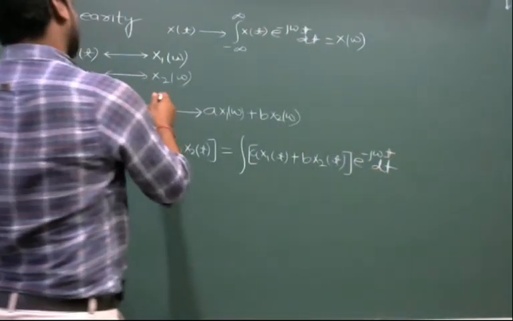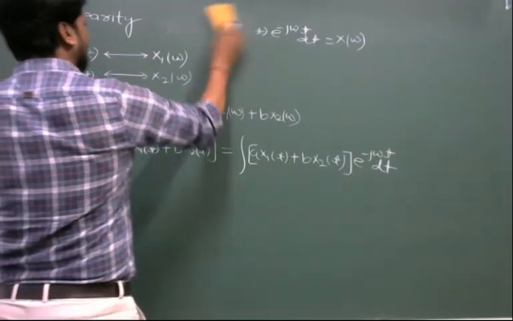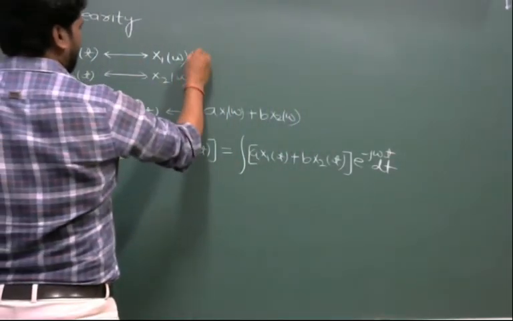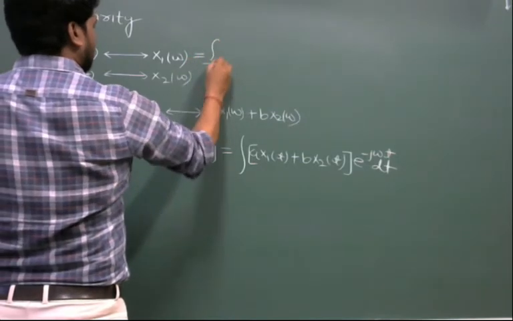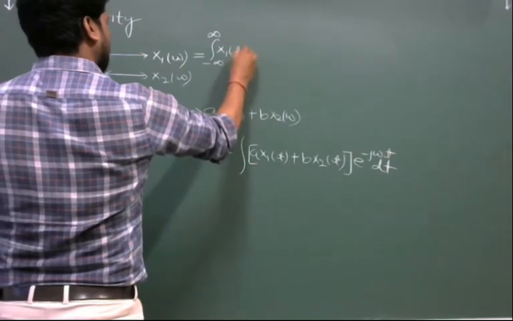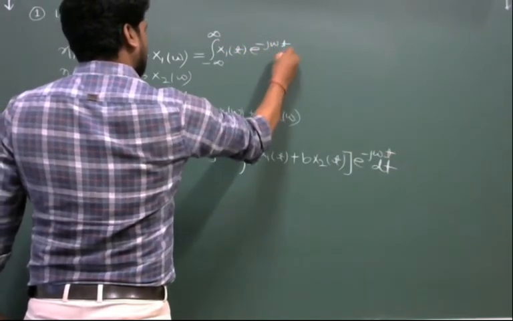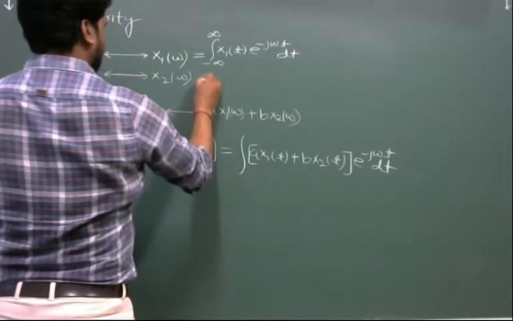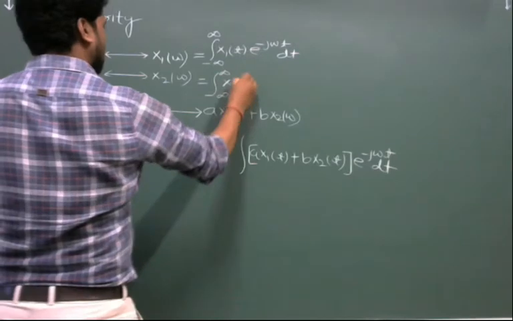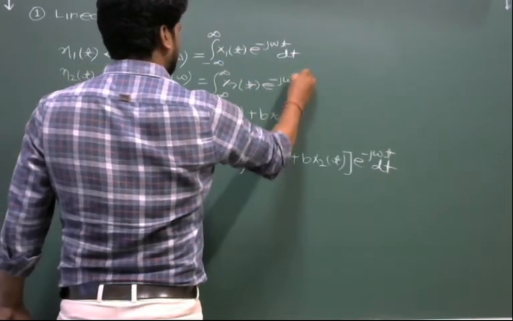If this signal X1(omega) is the Fourier transform of x1(t), then this X1(omega) can be written as integration from minus infinity to plus infinity x1(t) e power minus j omega t dt, and this X2(omega) can be written as x2(t) e power minus j omega t dt.